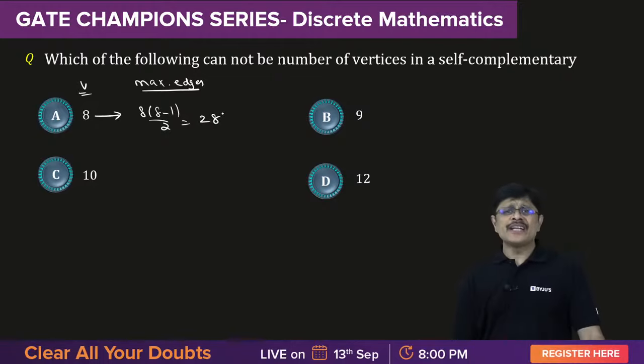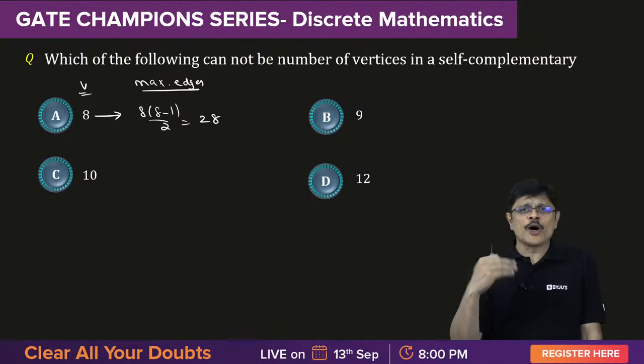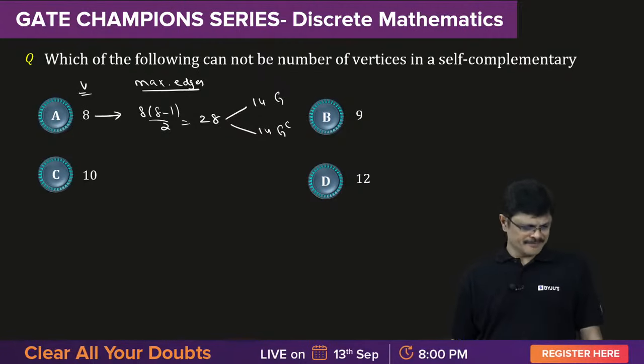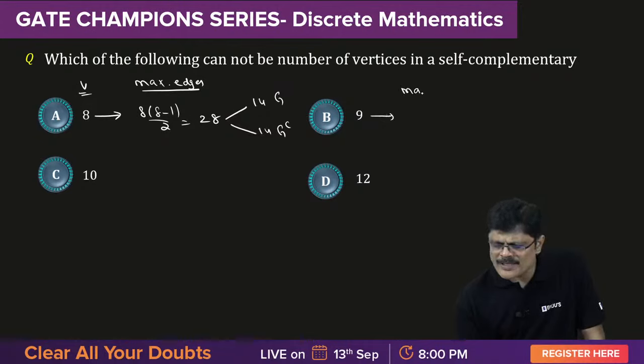When you have 28 edges, self-complementary means the graph and its complement are the same, so they should have the same number of edges. So I can divide 14 for the graph and give 14 edges for its complement. That is possible.